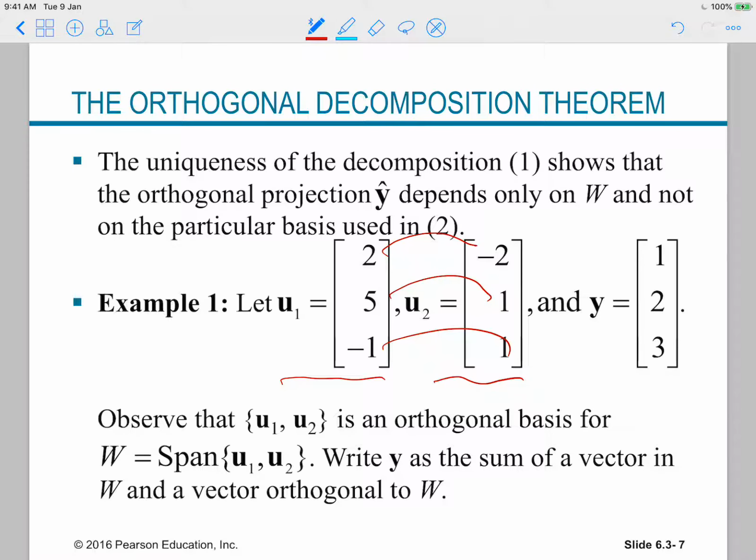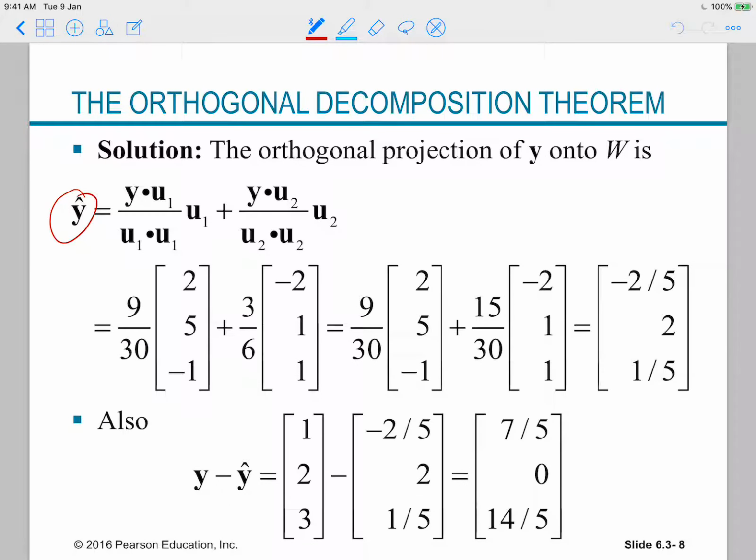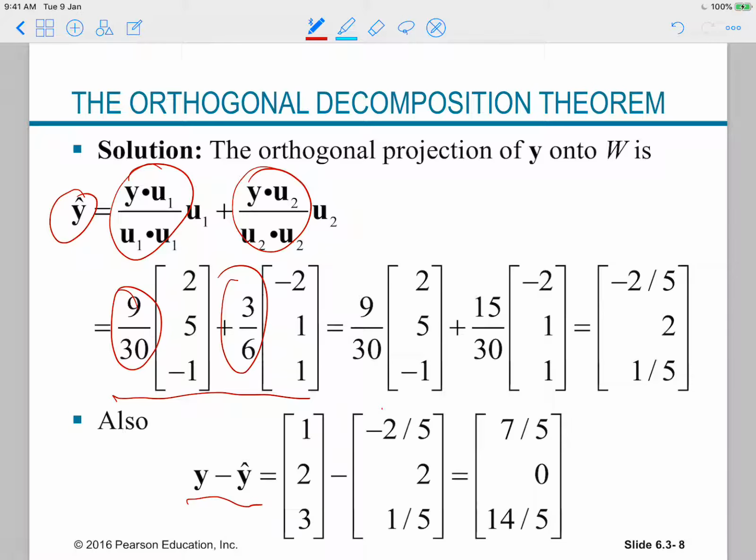Yes, it is, right? And so we have y, and then y hat can be obtained in this form, right? So this guy is this guy. And then y minus y hat, which is this guy, is our z, which is an orthogonal component of y, right?